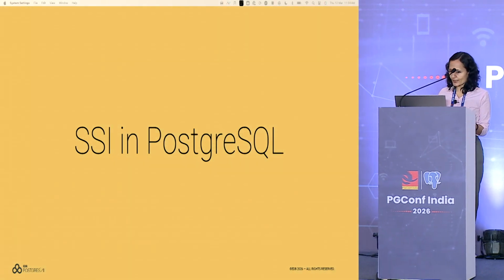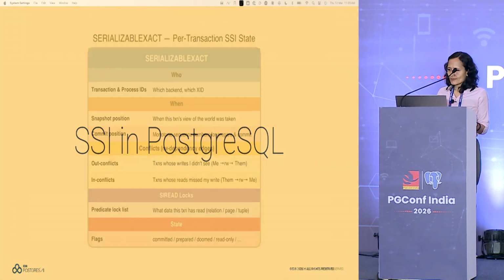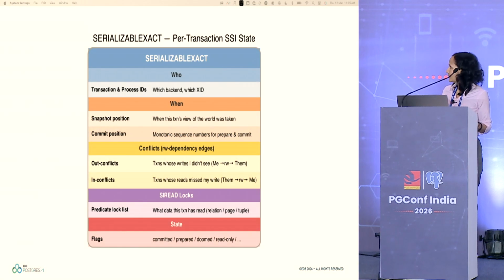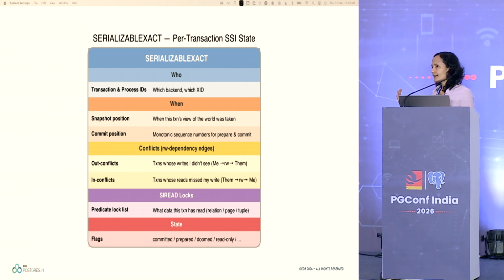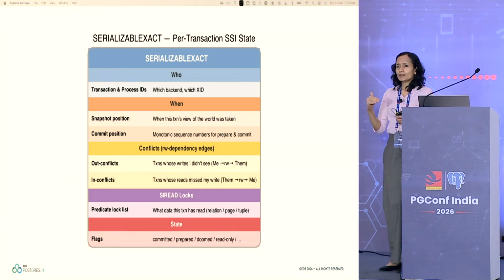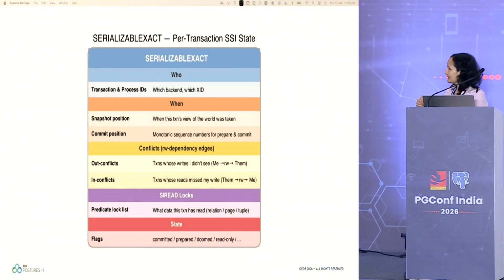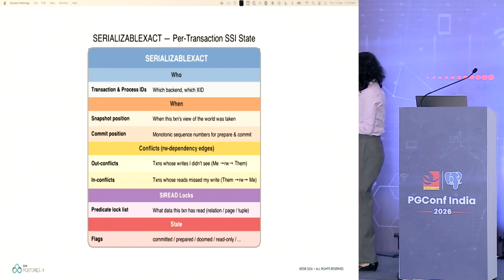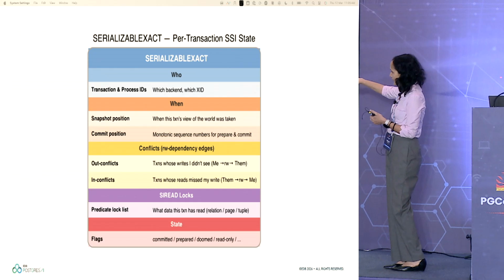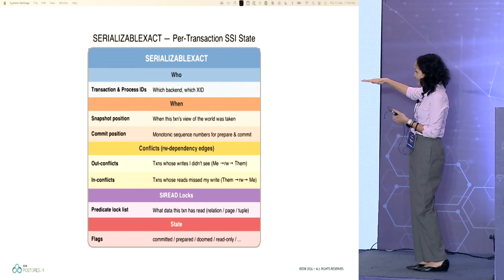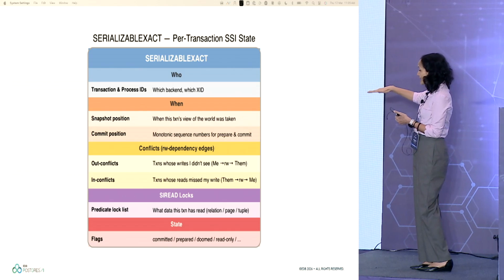So SSI in Postgres, and we'll take a look at how these tracking structures look. There is something called a serializable xact maintained for every transaction. If the isolation level is serializable, when you take a snapshot, this is initialized. And it tracks a lot of things, but most importantly, it has a list of out conflicts, which are transactions whose writes I did not see, and in conflicts, transactions whose reads missed my write.